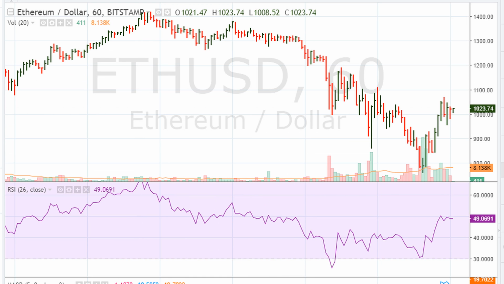Let's take a look at Ethereum. And here we can see we made lower lows, had an improvement, made another low, and again another improvement. In fact, you can see at the lows here, we did not break below RSI 30.9.